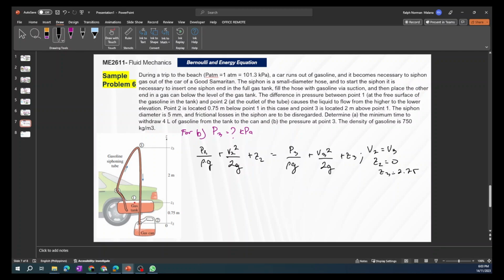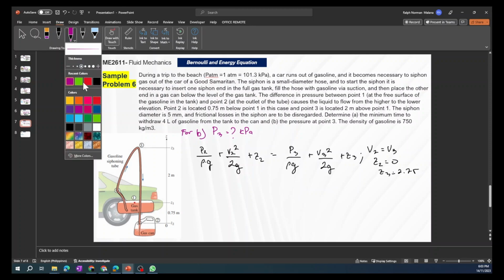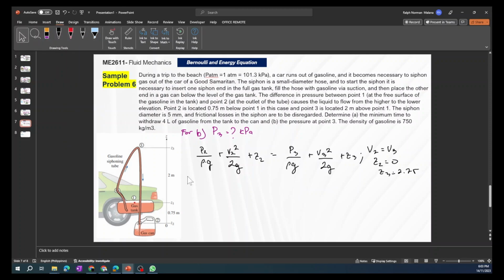And our pressure here, P3, is what we're trying to determine. Luckily, we know what P2 is. This one is atmospheric, and we're already given that. So, rearranging the equation, we have Z2 here, 0.